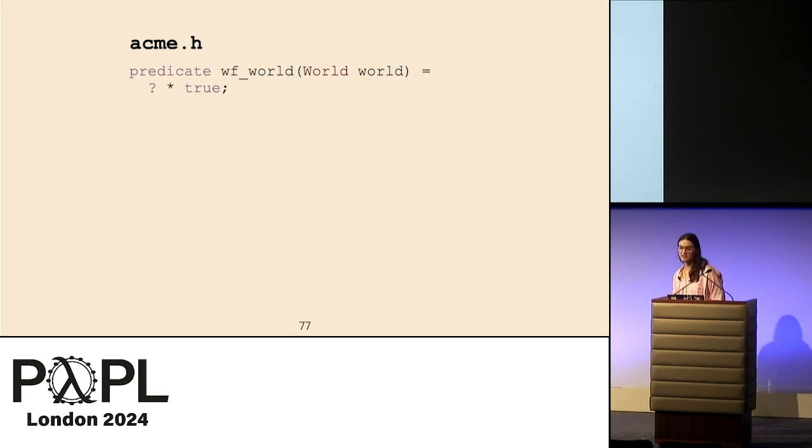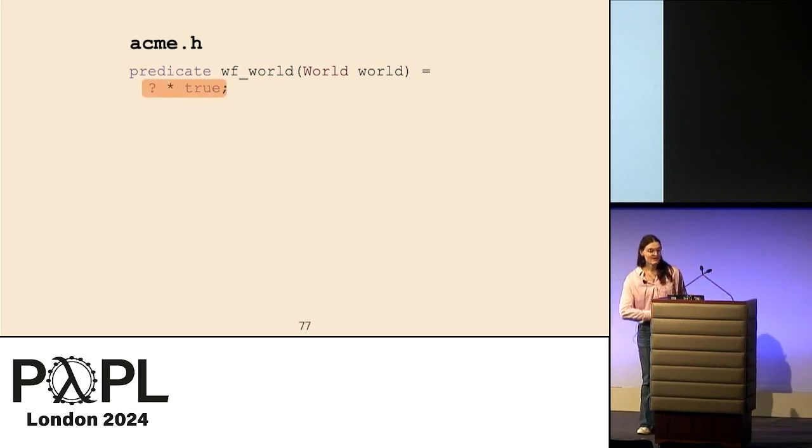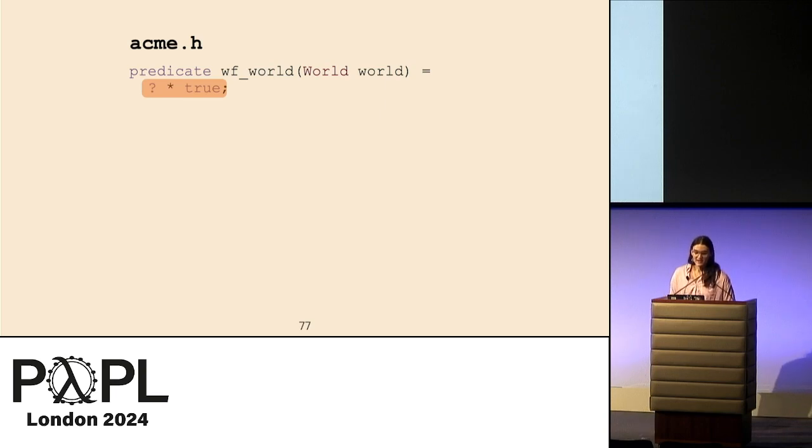So one of these partial specifications is here in the header file that Wiley received from Acme with his detonator kit. So the body of this well-formed world predicate is just question mark and true. In gradual verification, question mark can represent any formula that is consistent with the rest of the formula.